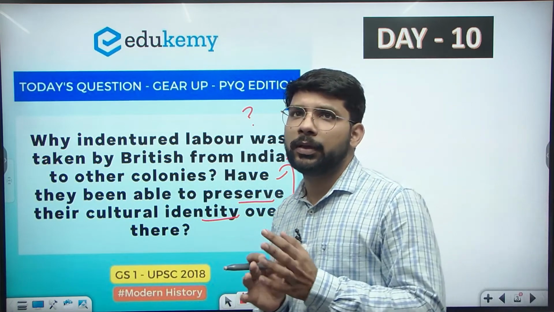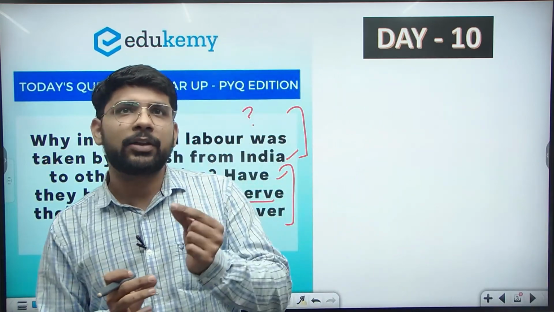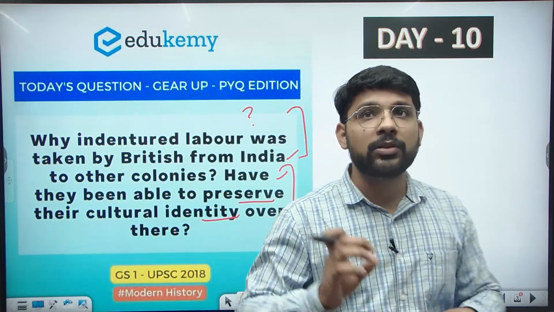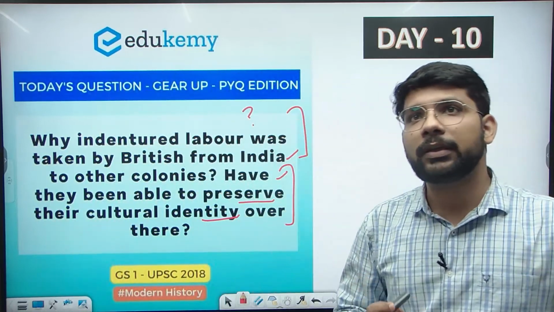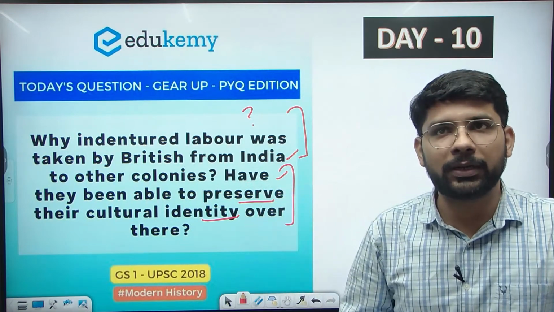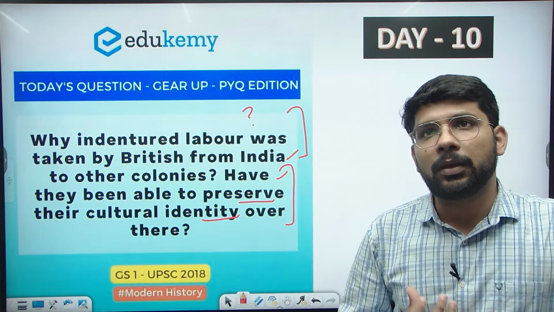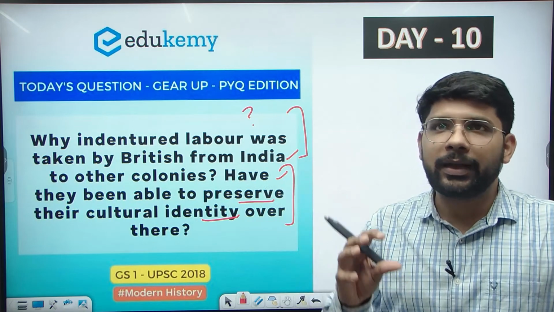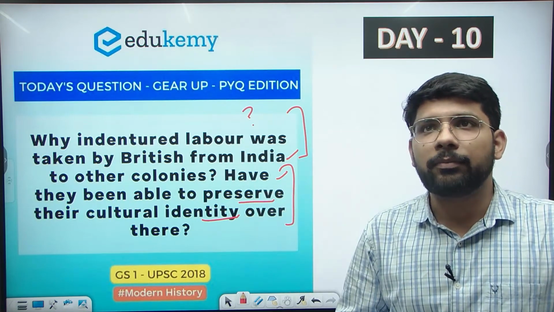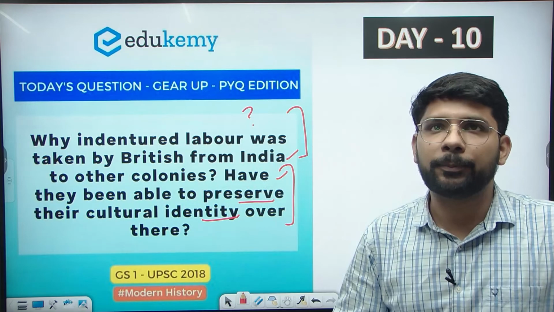Indentured labor was a kind of bonded labor which was introduced after the abolition of slavery by the British. An indentured laborer signs a contract for a small period of time in a different country.